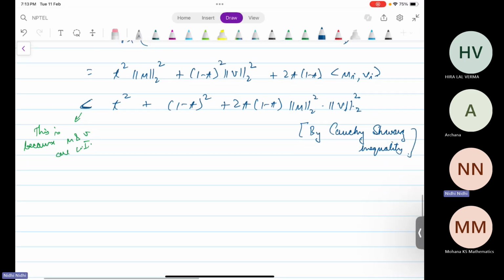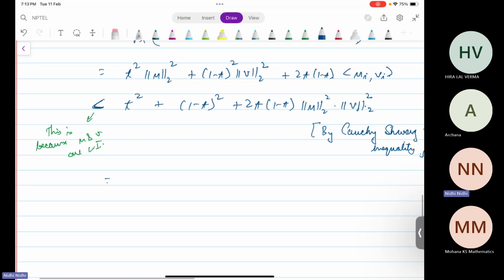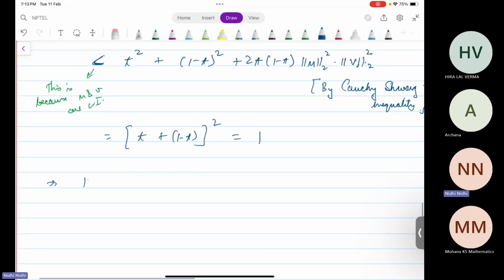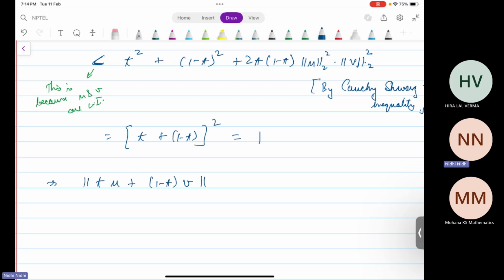Now since norm u and norm v are equal to 1, this is equal to (t plus 1 minus t) whole squared, which is basically 1. This gives us that the norm of tu plus (1 minus t)v is strictly less than 1.